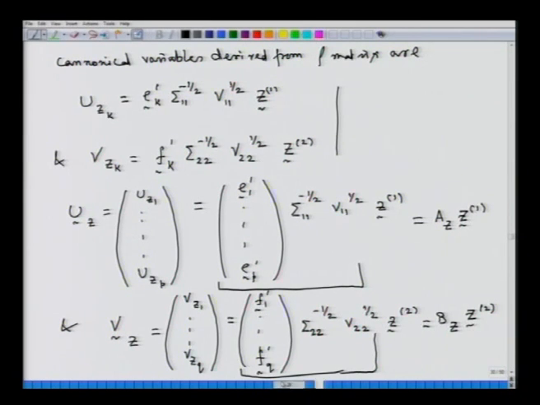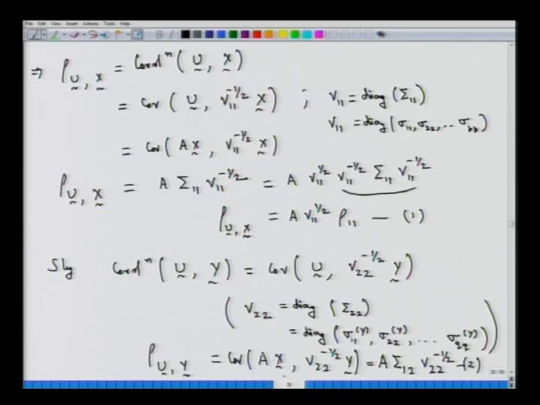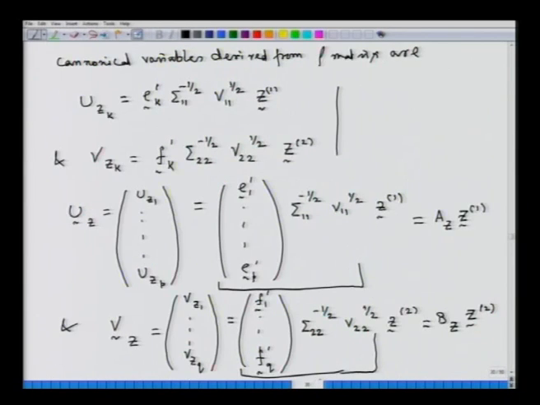Now, similar to what we were calculating when we were looking at the canonical variables computed from the covariance matrix, the four expressions 1, 2, 3 and 4, we can compute similar things for the canonical variables derived from the rho matrix.